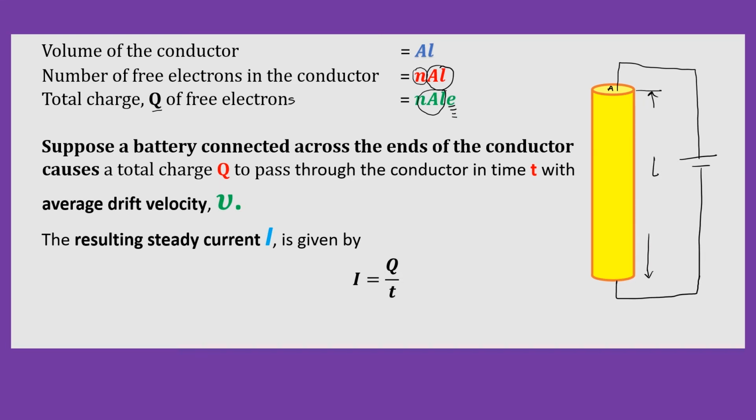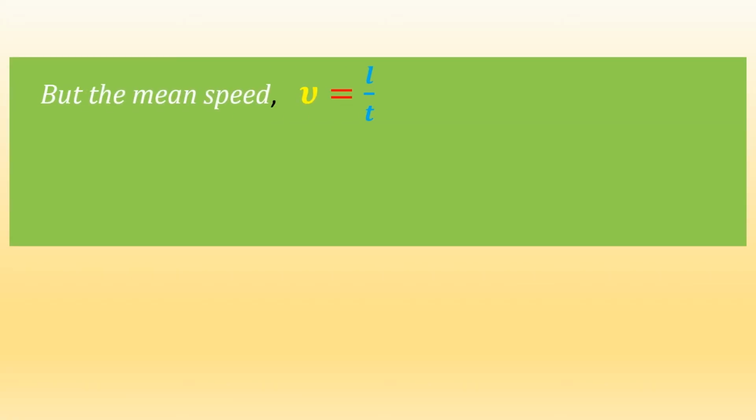But remember, total charge Q is n, number of free electrons in the conductor per unit volume, times the total volume, times the charge. But we know that velocity is distance L over time t. So speed, or what we are calling velocity, will be the distance divided by time.